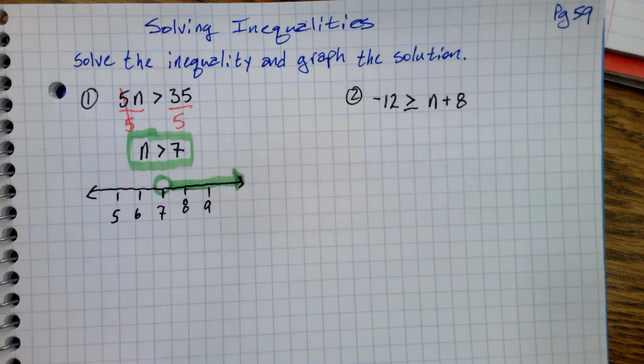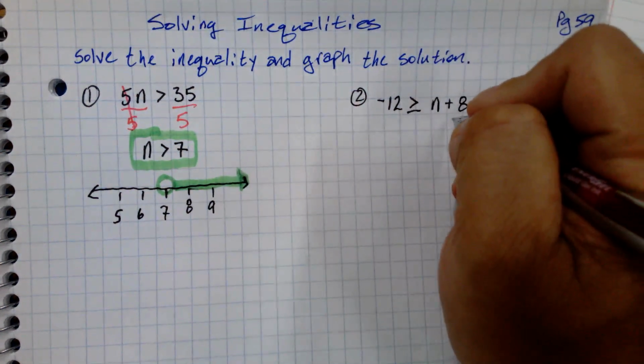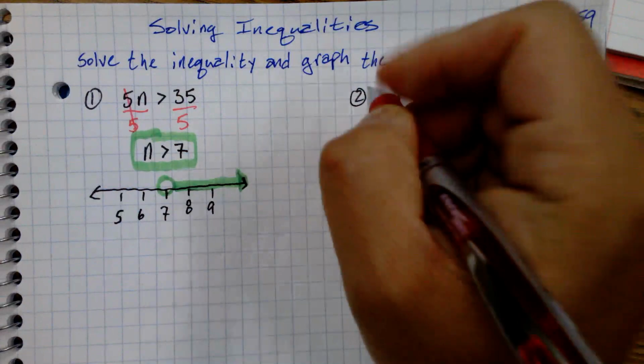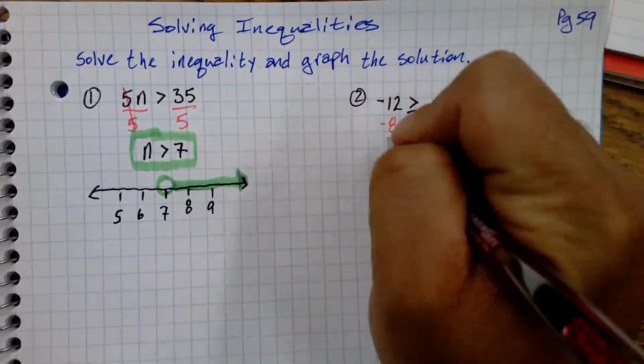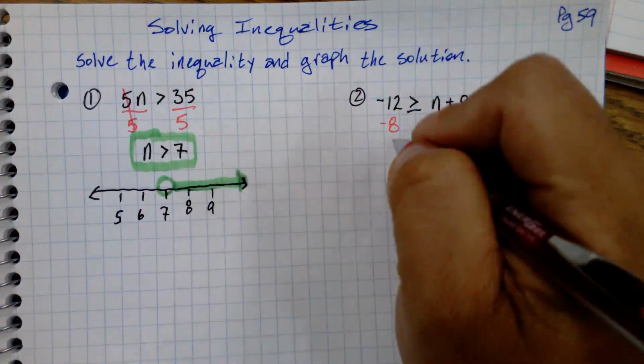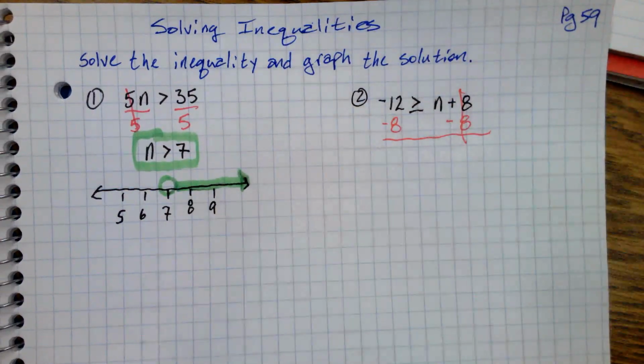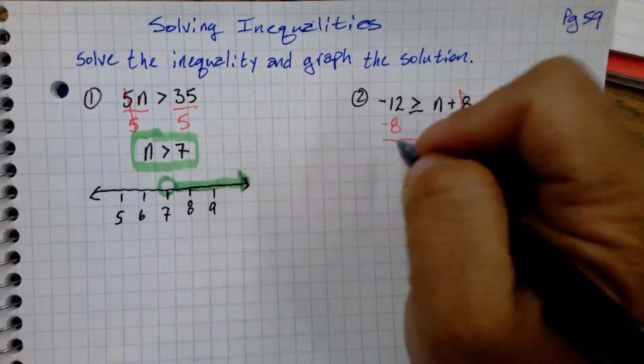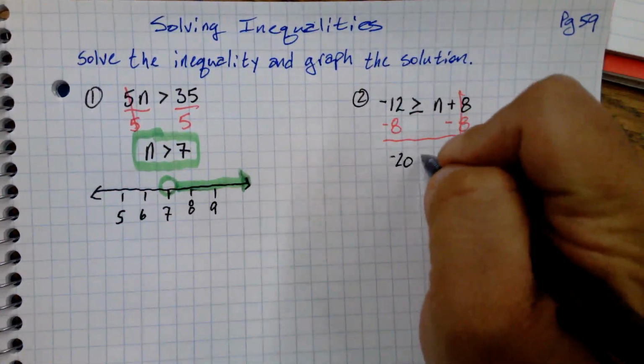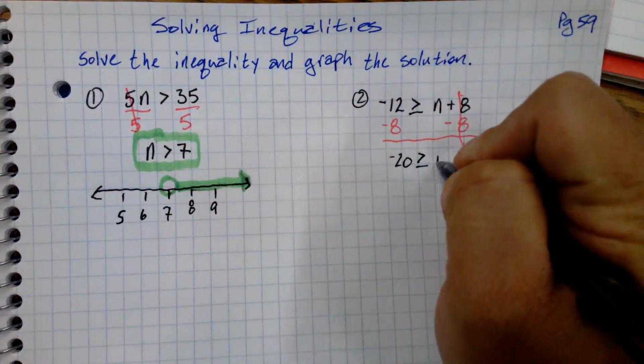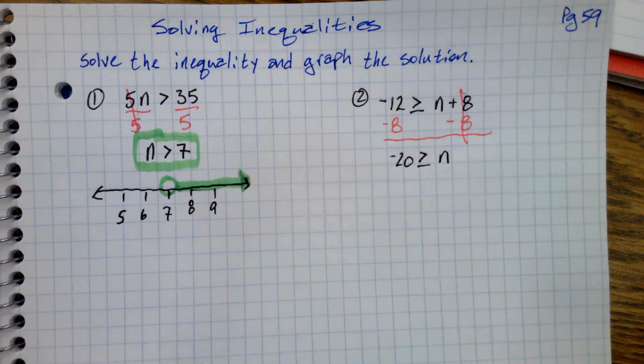We want to get n by itself. Let's minus 8. Hopefully that's the easiest part of all this, after all the equations we've already solved. That will cancel this. And we get negative 20 is greater than or equal to n. Now, when you get an answer like this, it's fine. It's an answer. It's our solution. And we're good with it.